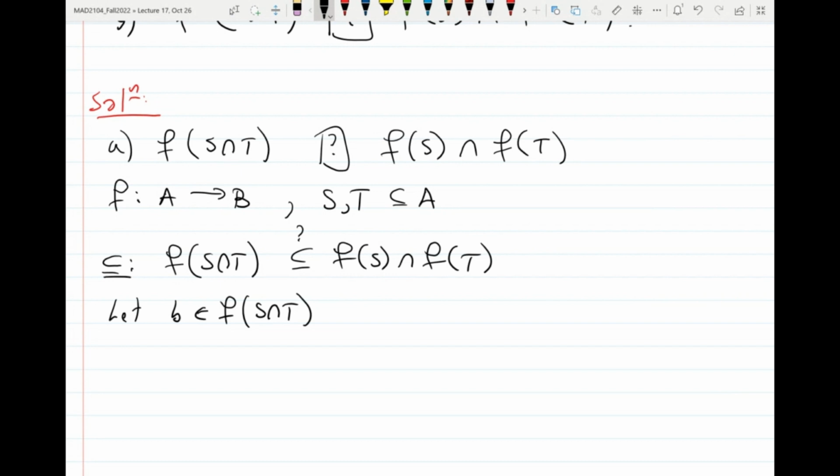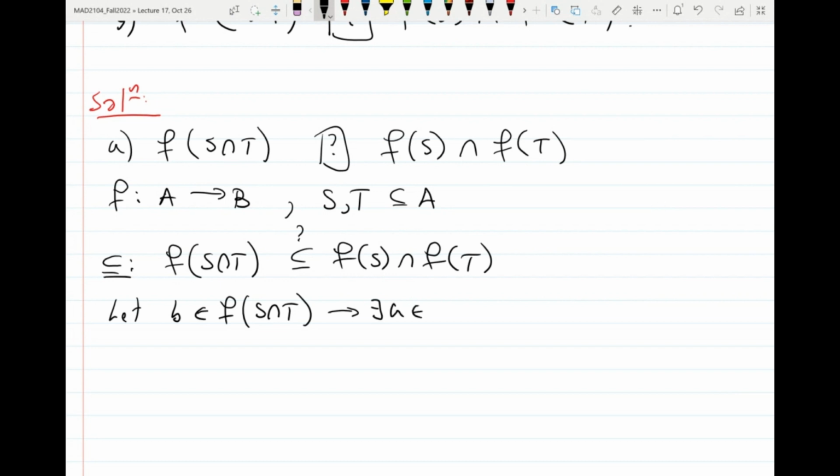What does this mean? Then this means that there exists an a inside this intersection, so that when I do f of a, I get this b. To be an element in this image means that b is the result of doing f of something that lives inside this set. That's what it means: b has a pre-image in the intersection.